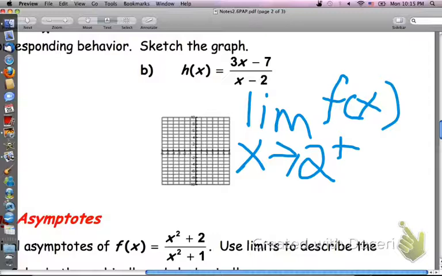And if you do that, you'll notice that it tends toward negative values. I wrote f of x, but really I should have written h of x equals negative infinity.